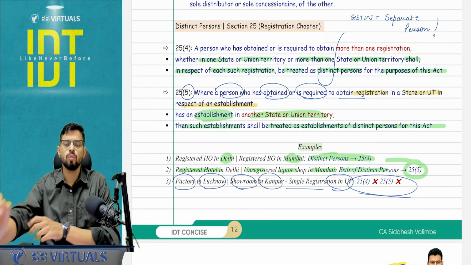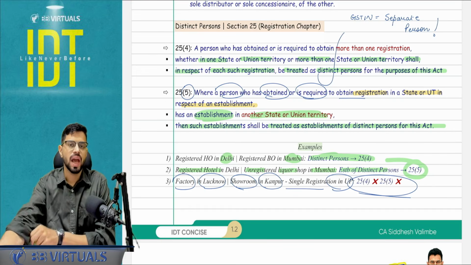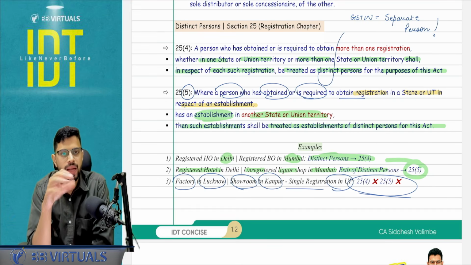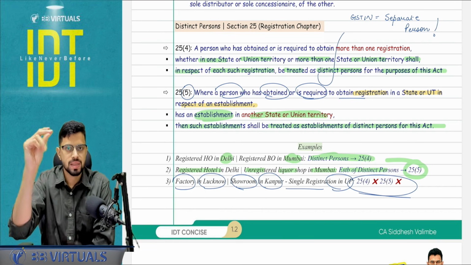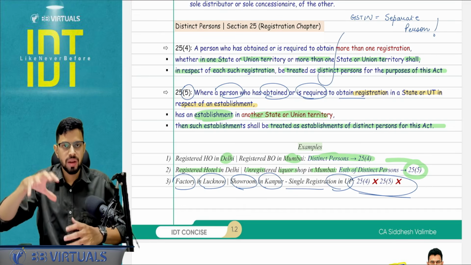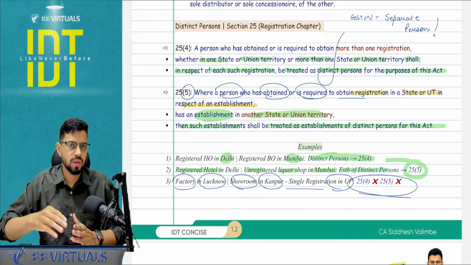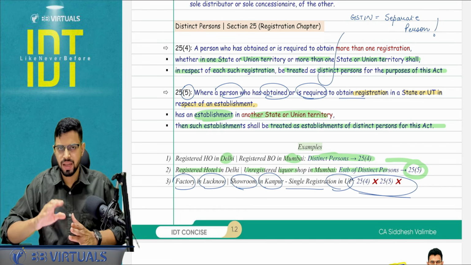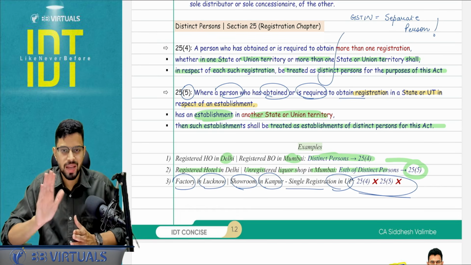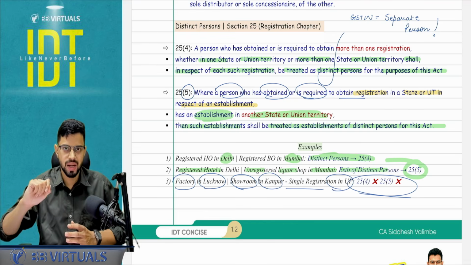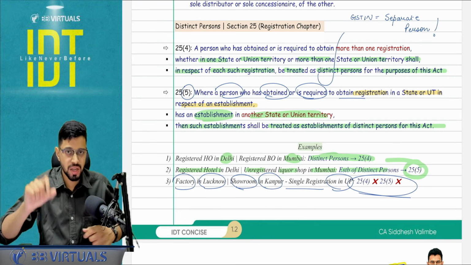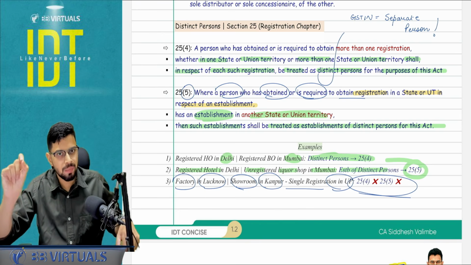Sir, what if I have more than one unit in one state? And if I go for a single registration, then my dear, the other unit will be known as an APOB. If in Maharashtra I have two units, one in Mumbai and one in Pune, and I have taken a single registration, this is not a case of 25(5). 25(5) will require the other unit in some other state. Here, if it is a single registration, your one address will be the principal place of business.